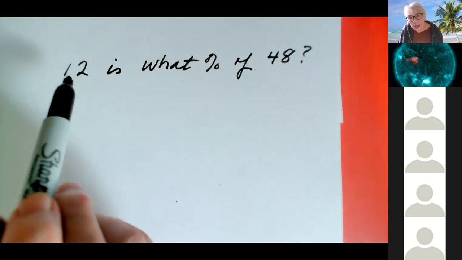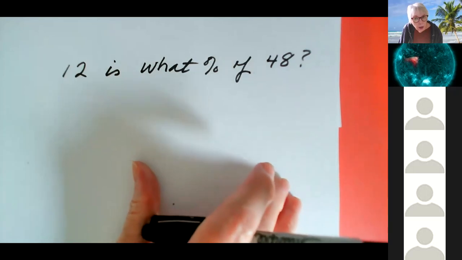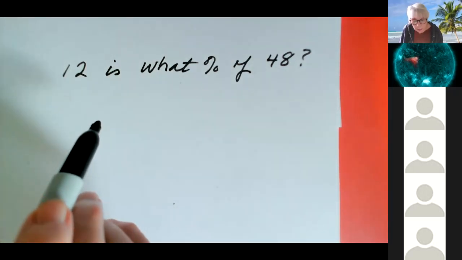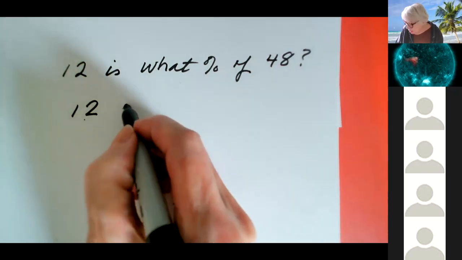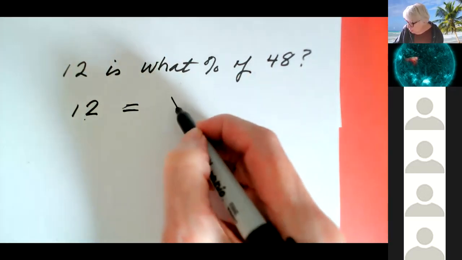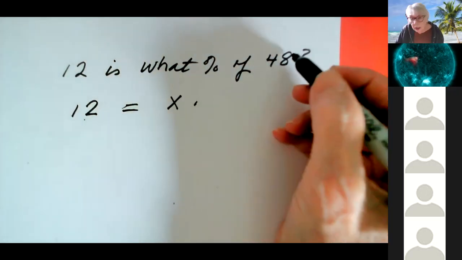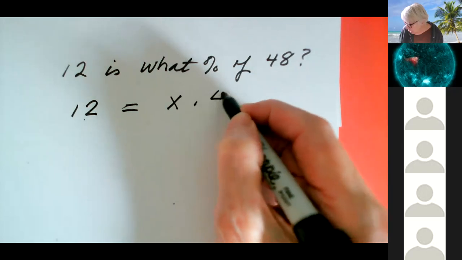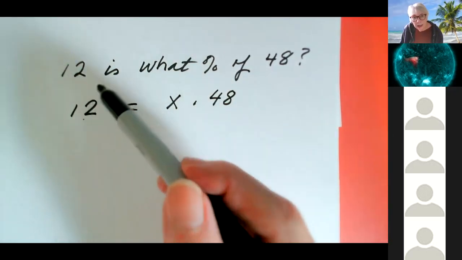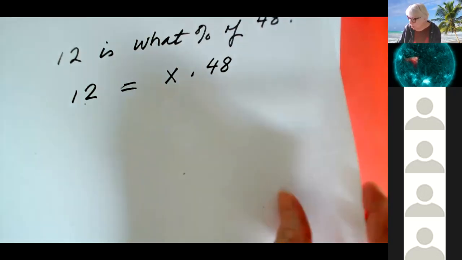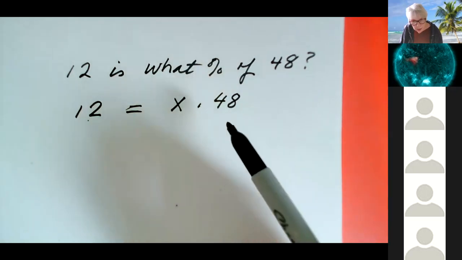One solution is to just translate this basic problem into an equation. So it is 12 is equal. What percent, I'm going to call X, of is times, and 48 is 48. Exact translation word for word for math, as it turns out.